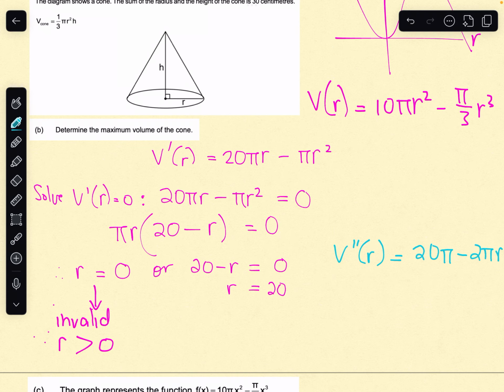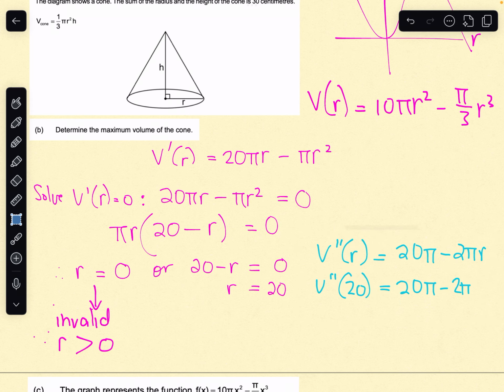Okay, and then we want to see when r is equal to 20, what is the value of the second derivative? So it will be 20 pi minus 2 pi 20, and that will be 20 pi minus 40 pi, which will be a negative 20 pi, and that will be a negative number, right?